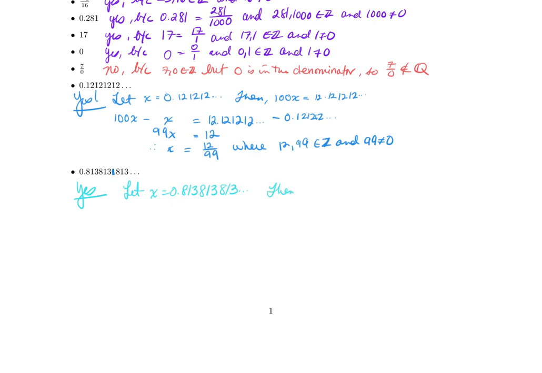So we'll say then 1,000x is now 813.813813813 repeated.